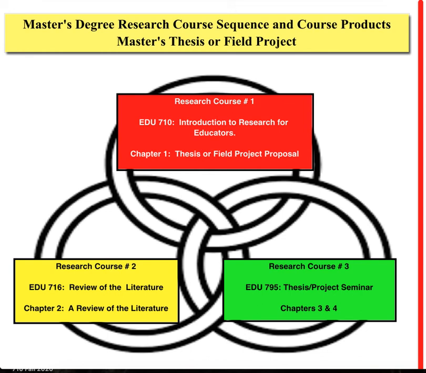And a final word before we go on with this video. Read carefully pages 2, 3, and 4 in your master's thesis field project handbook. Page 2 more completely explains the 3 research courses you will be taking. Page 3 deals with the university's expectations for your master's work, and you should be very familiar with that since you're just starting out.